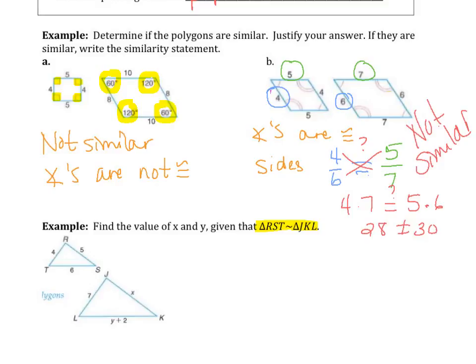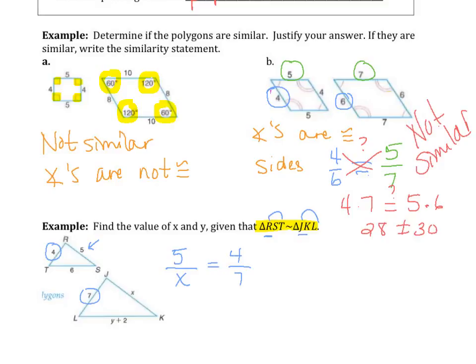I can go with my side ratio. I've got side RS, so I've got 5 in this triangle is similar to JK, which is my x. Now I need to make sure I'm using that 4, so that RT, I'm going to set that equal to my 4. So I use my first triangle RST first. I've got to use that same triangle first in my second proportion. And I'm going to look at my sides JL here. So JL over here is equal to 7.